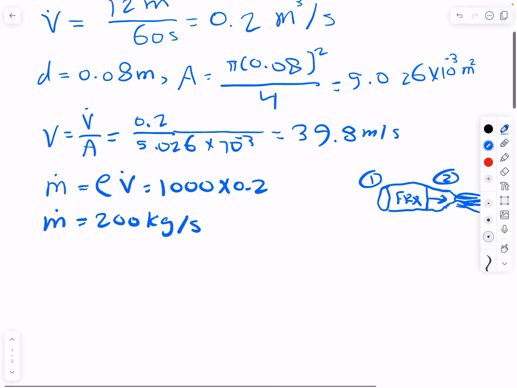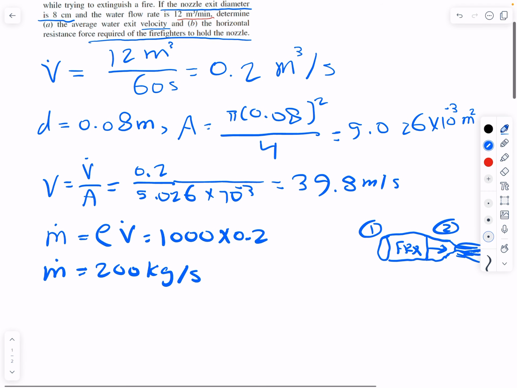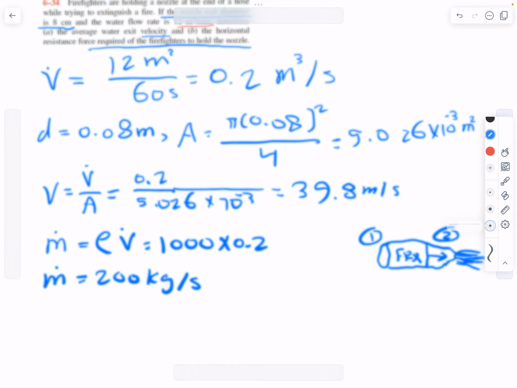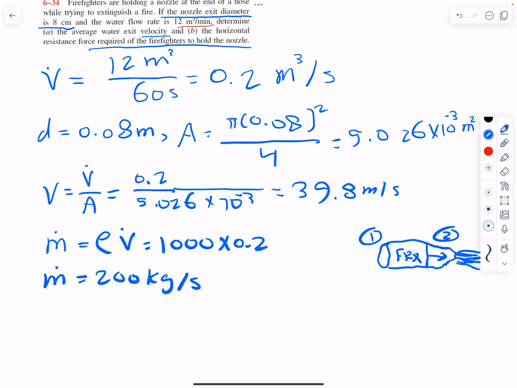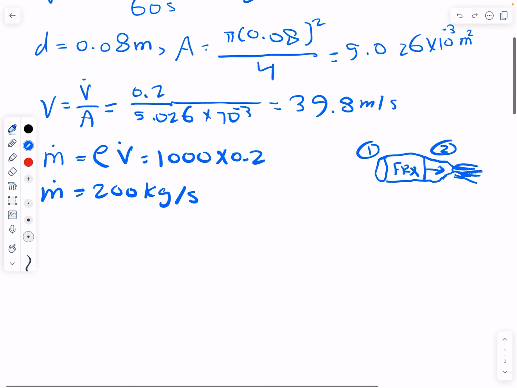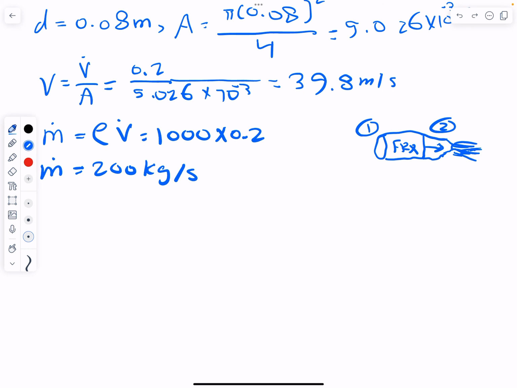Now, the water is going in the x direction, so we don't have anything in y.